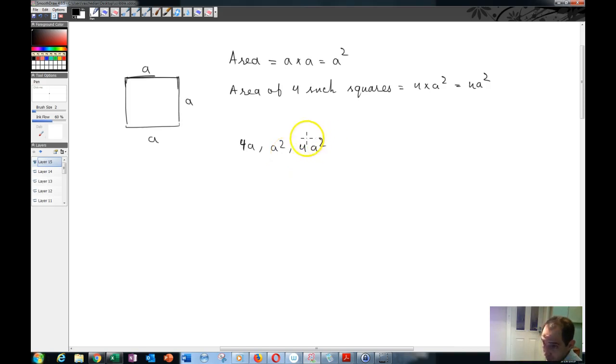And by the same logic, for example, let's say that you have that was the perimeter of the square, and this was, for example, the area of the square.